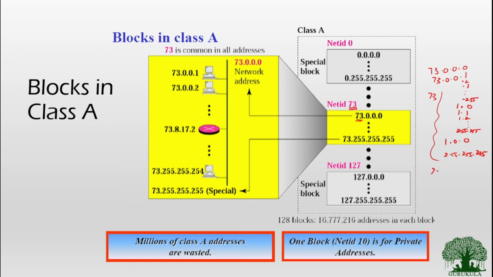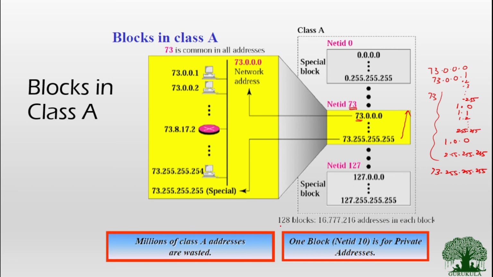So totally up to 73.255.255.255, these many IP addresses are there in class A, and that is only for one block. Similarly, you have 127 blocks, so that many IP addresses are there.